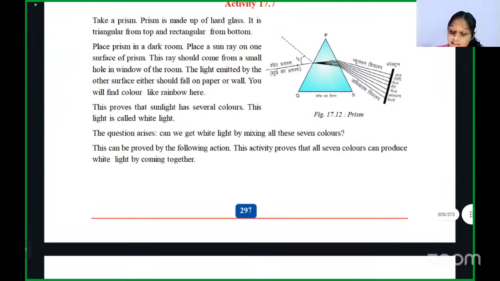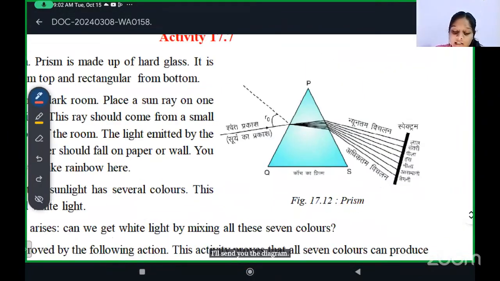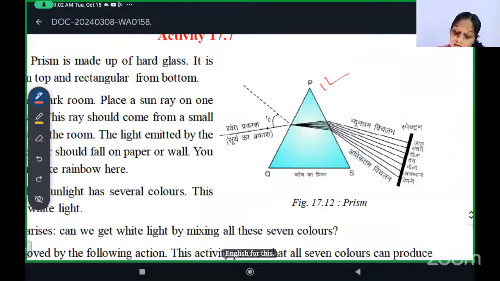This diagram is important. I'll send you the English diagram. Whenever you are asked to explain how sunlight comprises 7 colors, you can show it with the help of this example or diagram.